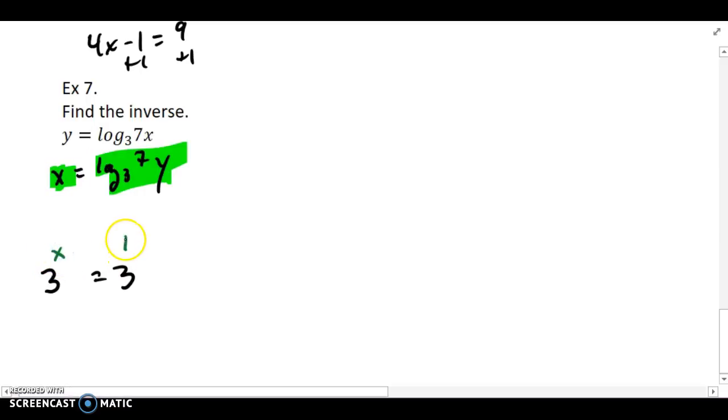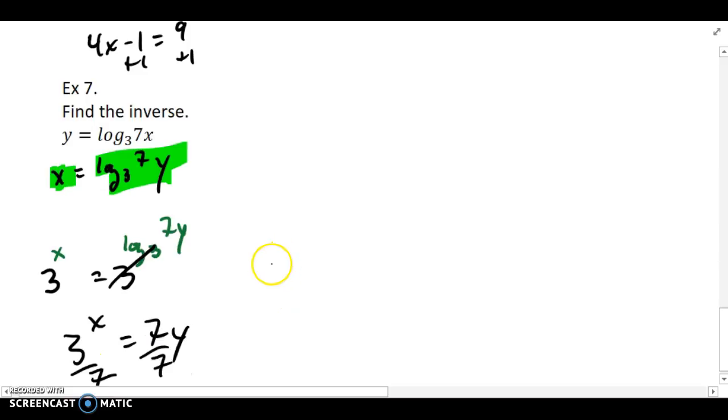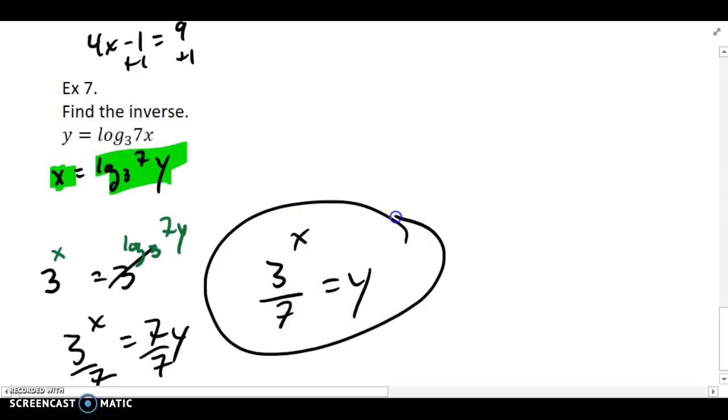So x equals log 3, 7y. So these are going to cancel. So we get 3 to the x is equal to 7y. Then we divide off the 7. So 3 to the power of x over 7 is equal to y. And those are inverses. Okay?